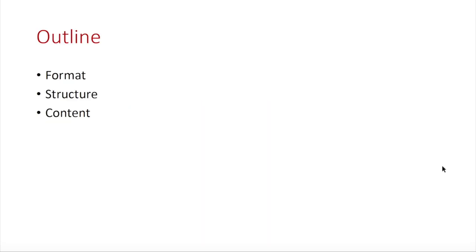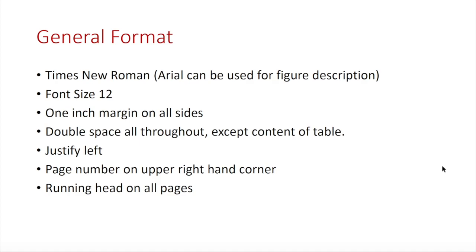So to begin with, the general format for APA would be Times New Roman. That's the font, the ideal font. You can use Arial for purposes of describing your figure, which I will show later on. The ideal font size is font size 12.